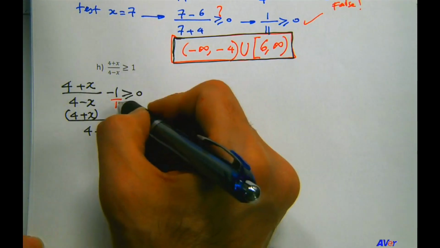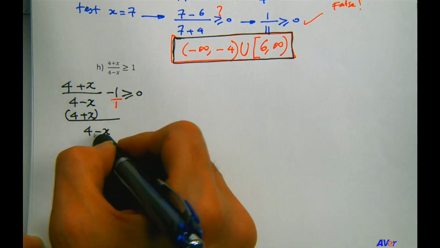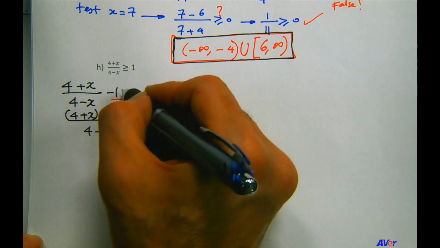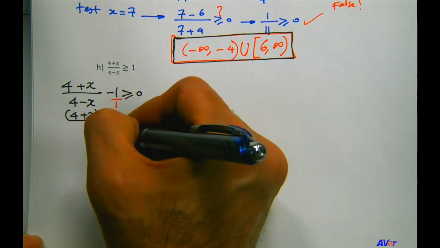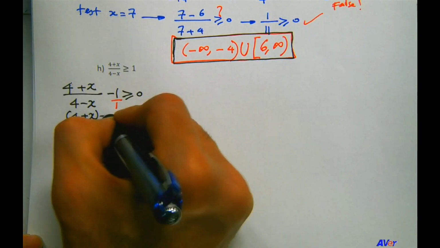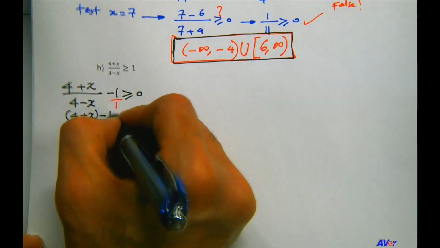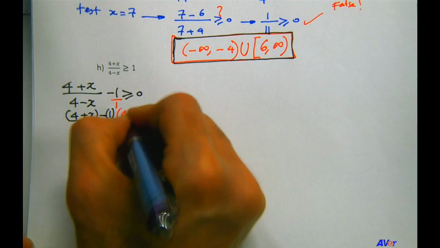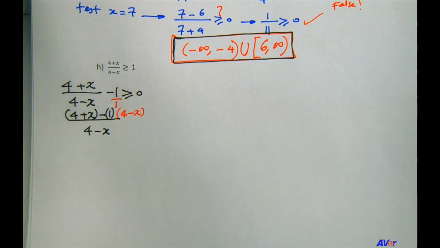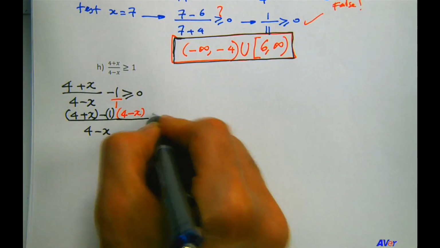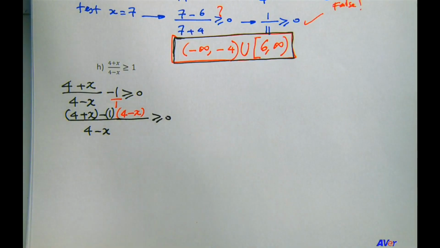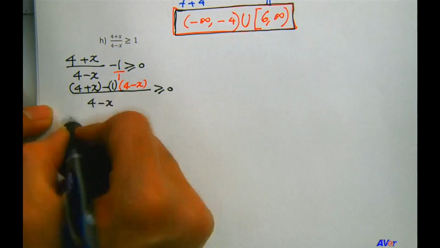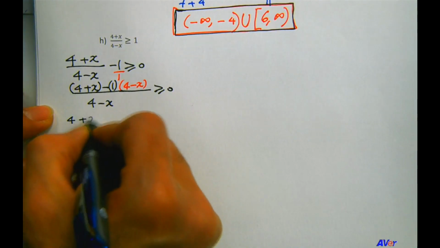So in order to make this 1 equal to the common denominator of 4 minus x, we need to multiply the numerator and the denominator by 4 minus x. So that means minus 1 times (4 minus x), greater than or equal to 0. And then let's simplify. We have 4 plus x.